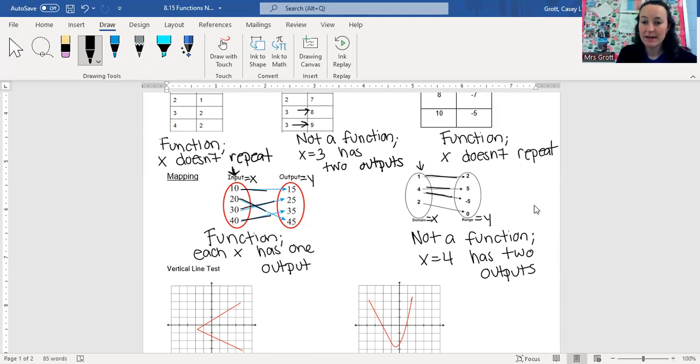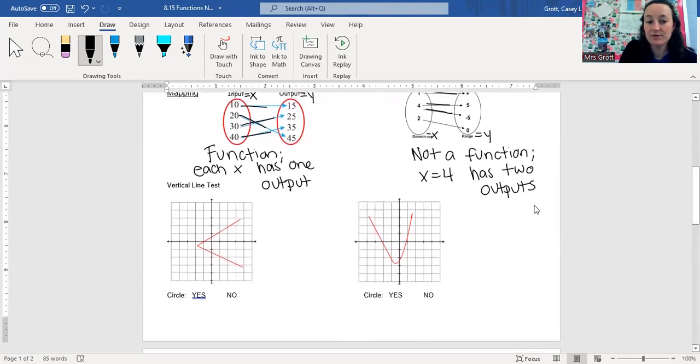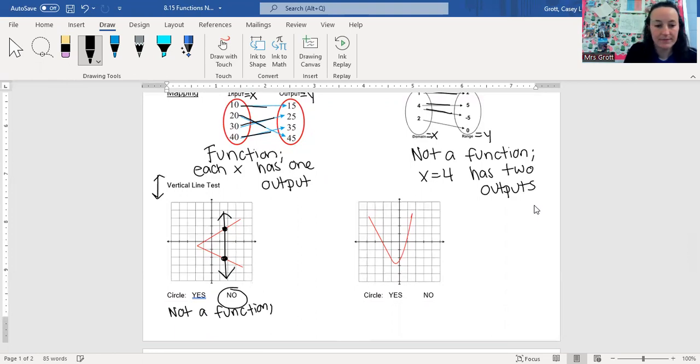Sometimes we're given a graph, and while we're still going to look at whether x is repeating or not, if you remember, we had this test called the vertical line test. Okay, remember vertical lines go up and down. So we would take these vertical lines and draw them through the graph. And remember, if we passed through twice, then it was not a function. Okay. Vertical line crosses the graph twice.